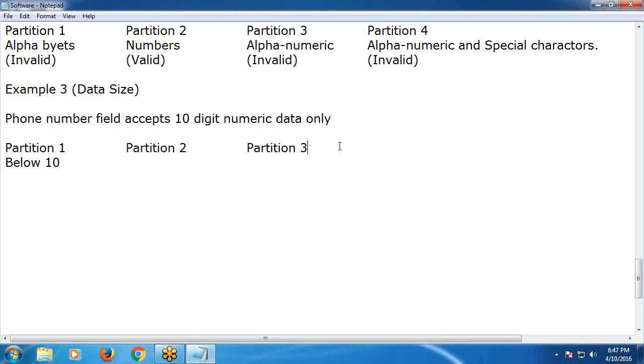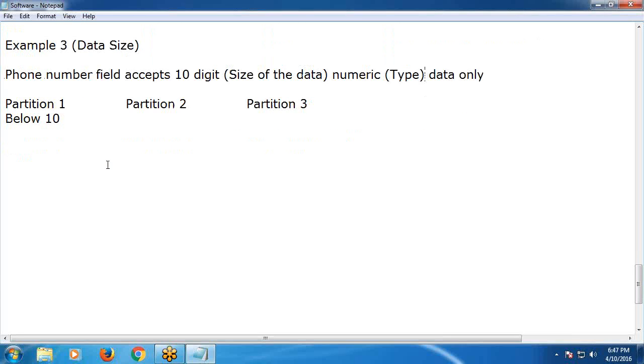Observe: 10 digit is the size of the data, and numeric is the type of the data. Okay, focus on data size.